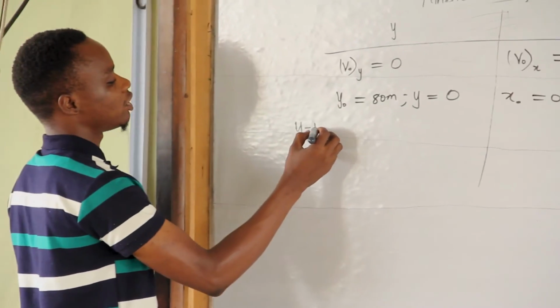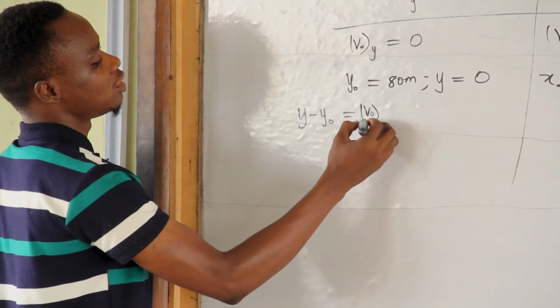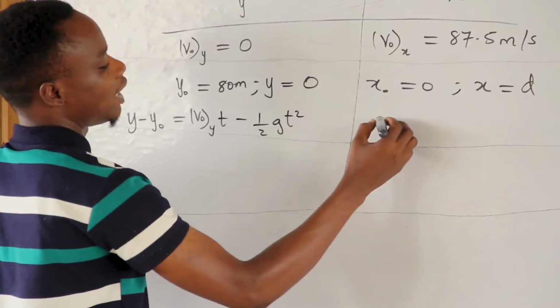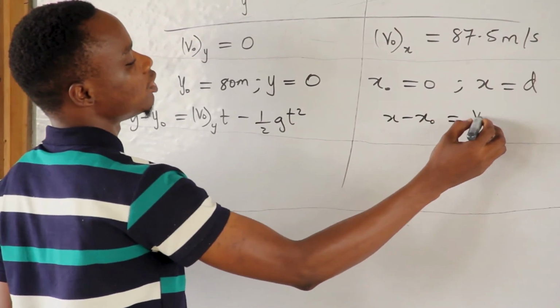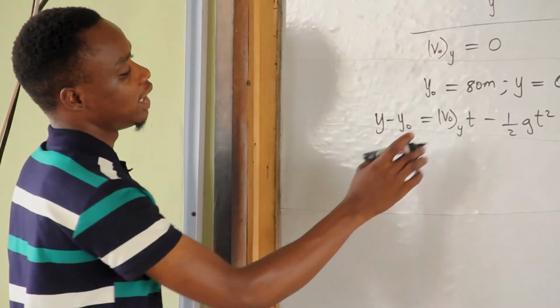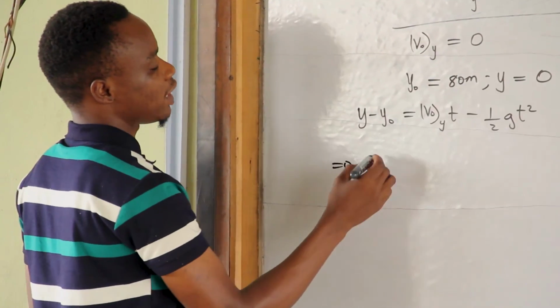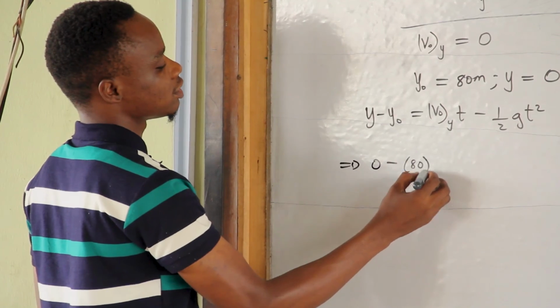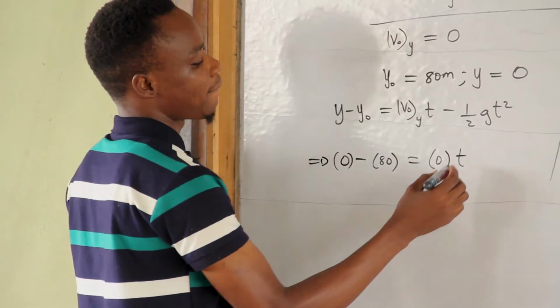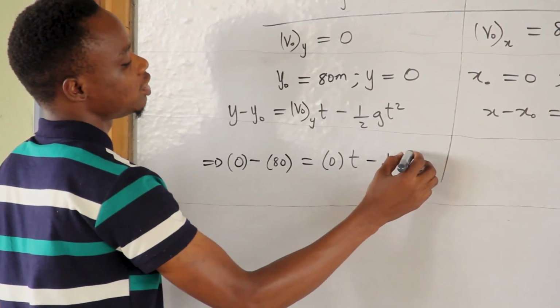So we can now write our equations of motion. I know that y minus y naught should be equal to v naught y t minus 1 over 2 g t squared. And x minus x naught should be equal to v naught x multiplied by t. Substituting here, y minus y naught, that's 0 minus 80, equals 0 multiplied by t, minus 1 over 2 g t squared.